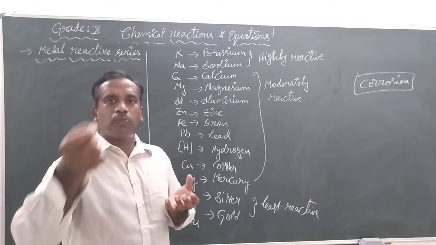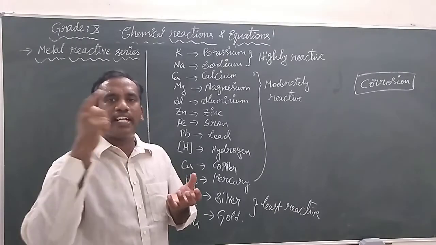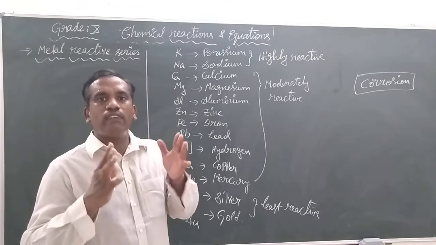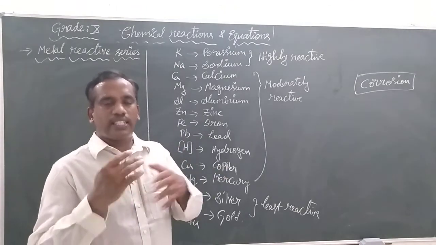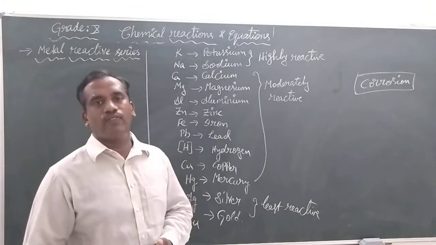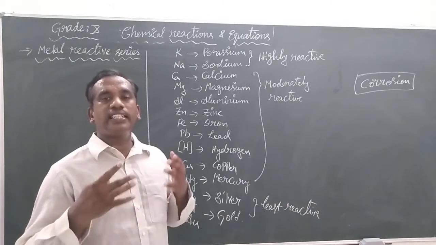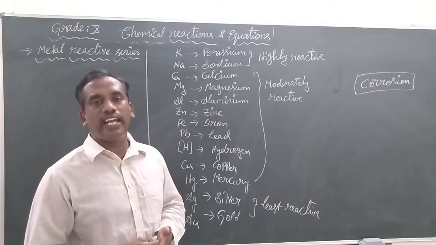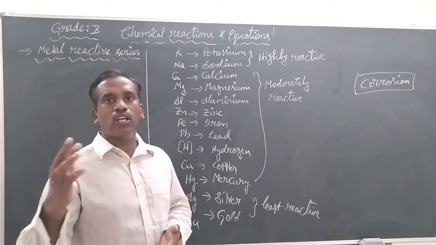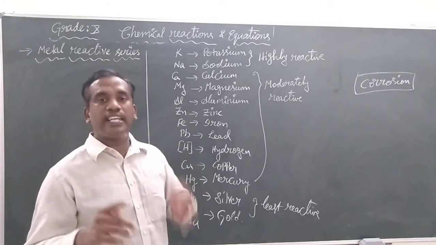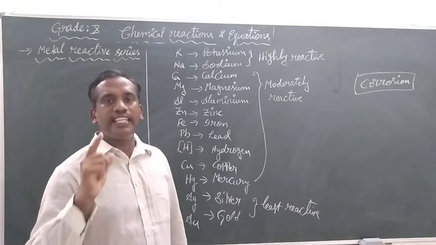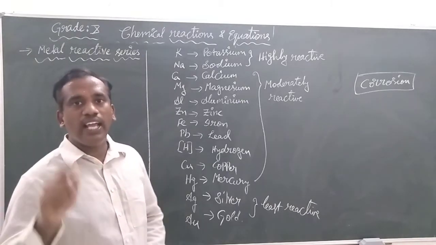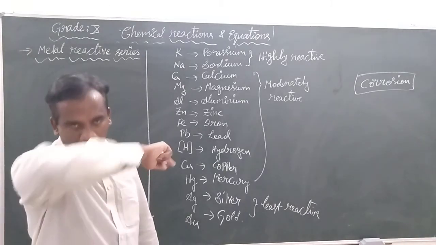But when you place potassium or sodium in a cup of water, it will start firing. It will generate some fire around it. Means they are releasing hydrogen gas when reacting with water. Which are reacting? Potassium metal or sodium metal. We say they are highly reactive metals. What are they? Highly reactive metals.